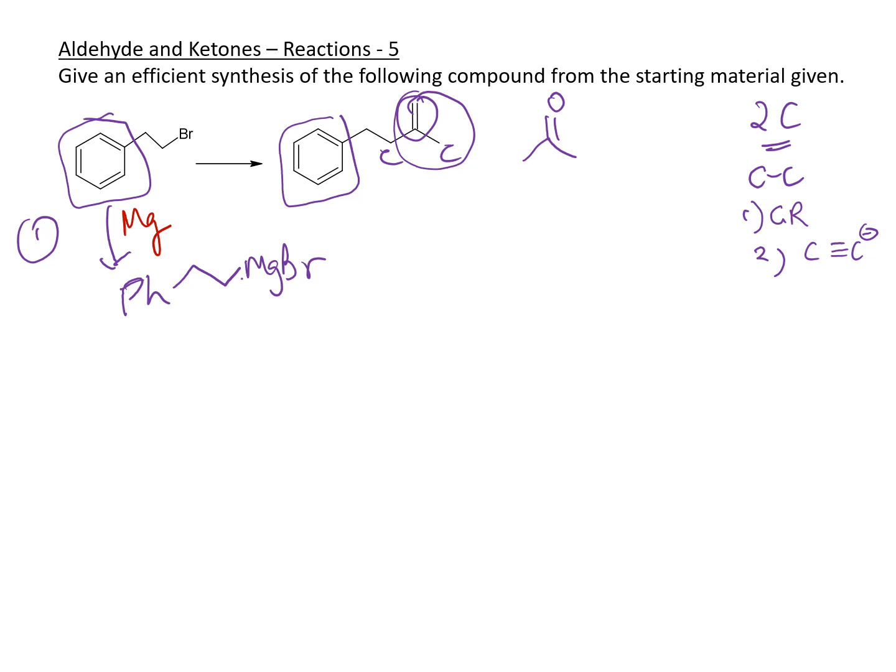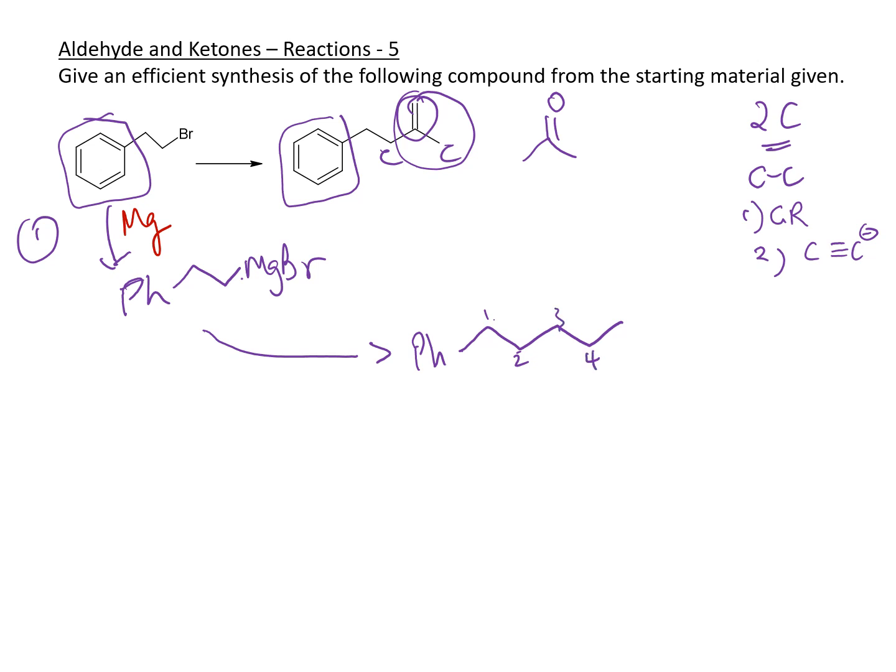In this case, since I'm making a ketone, the alcohol I make has to be a secondary alcohol. If I have to make a secondary alcohol, I have to treat my Grignard with an aldehyde. Now remember, formaldehyde will give you a primary alcohol. Any other aldehyde is going to give you a secondary alcohol. So what I need is 2 carbons more, right? So this is what I need.